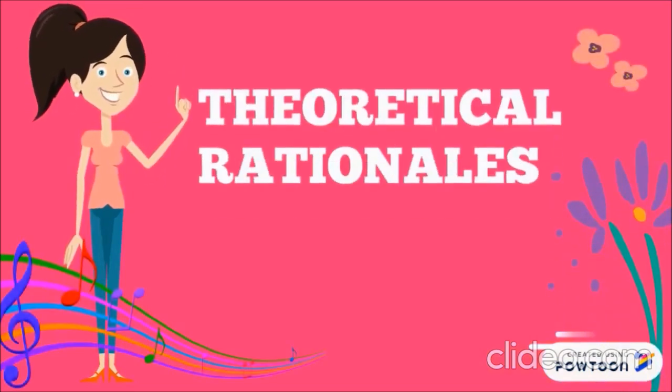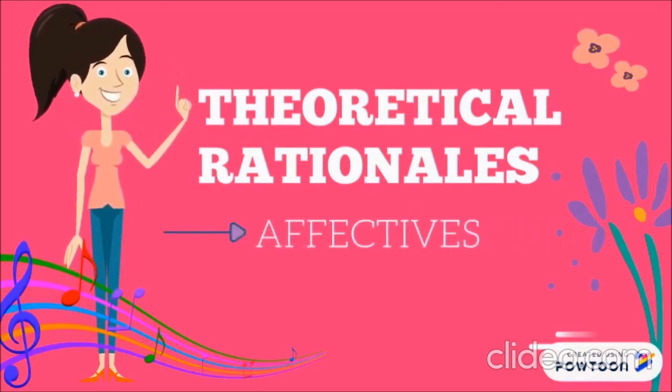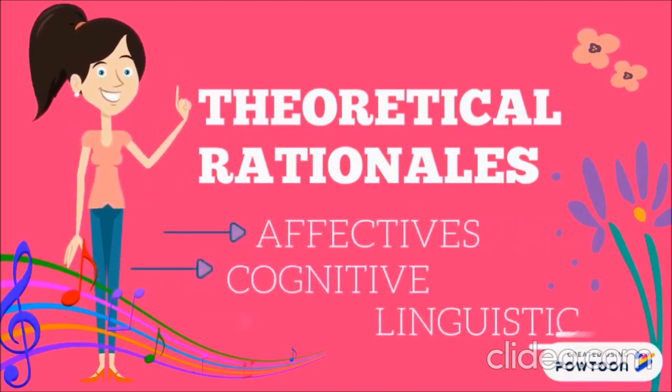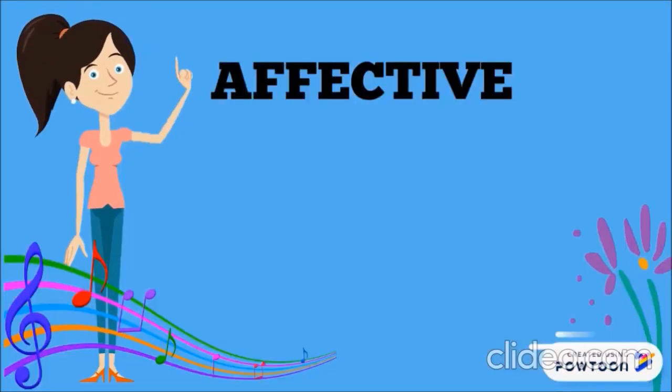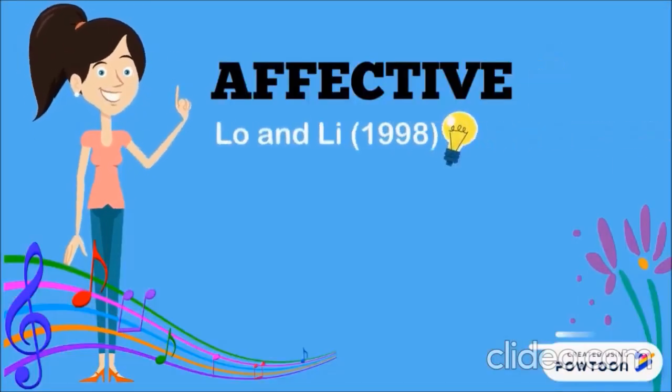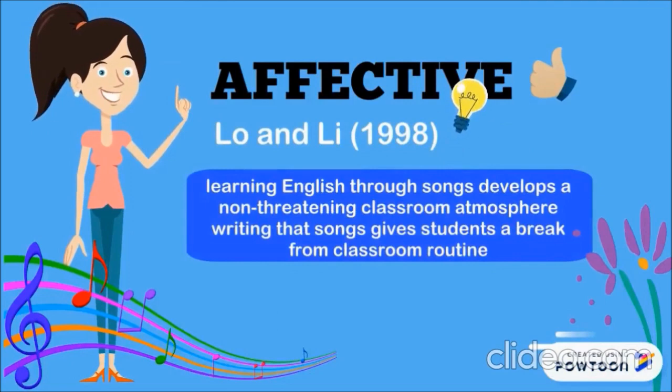Now, let us move on to the next topic, which is about theoretical rationales for using songs in ESL classrooms. There are three theories included, which are affective, cognitive, and linguistic. Affective theory: according to it, learning English through songs develops a non-threatening classroom atmosphere, as songs give students a break from classroom routine.